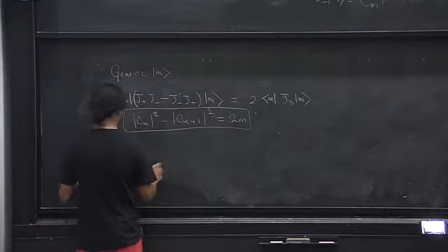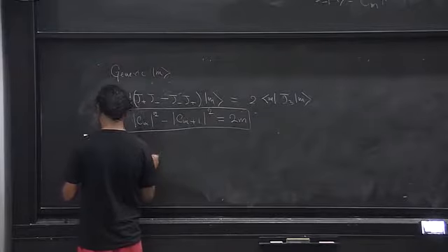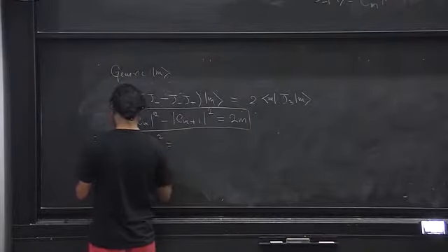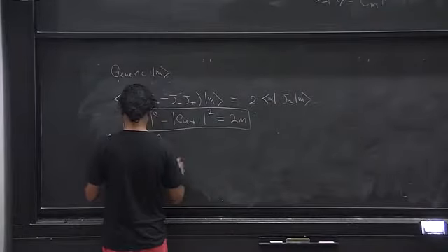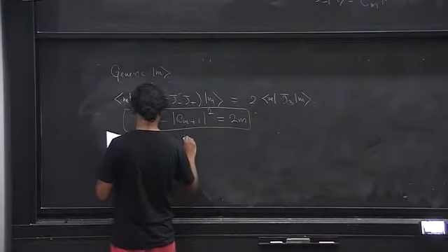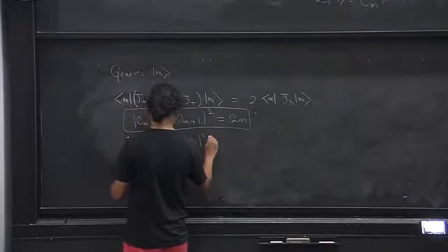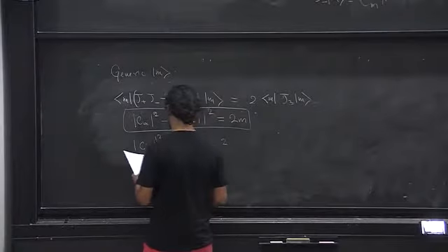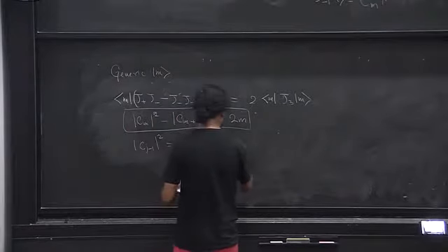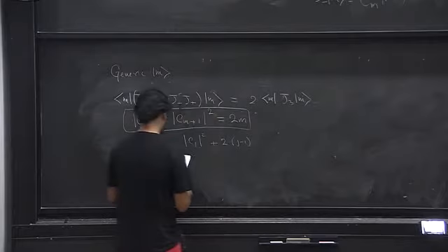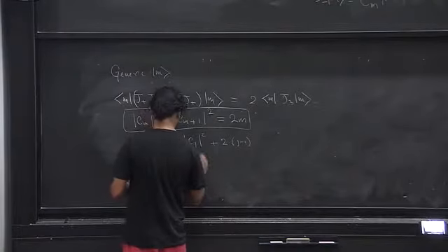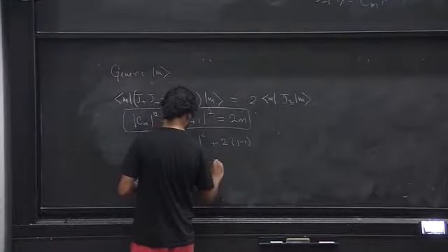So we know what Cj is, so we can use this recursion relationship to find out what Cj minus 1 squared is, and that's going to be Cj squared plus 2m, but m now is j minus 1. So if you put in the value of Cj, it becomes 2 of j.